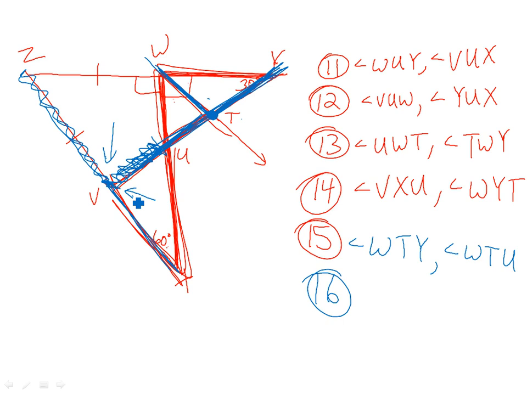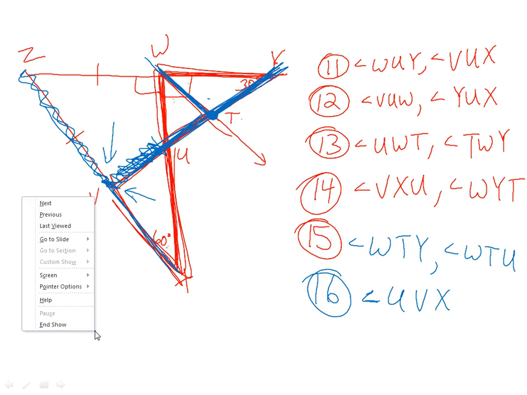Yeah. Could you use WYU? Do we know for sure that, well, give me one second. Let me write this down, then I'll explain that. Angle UVX is the actual answer.